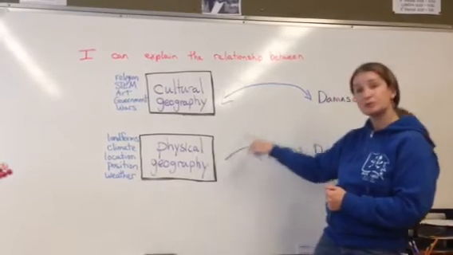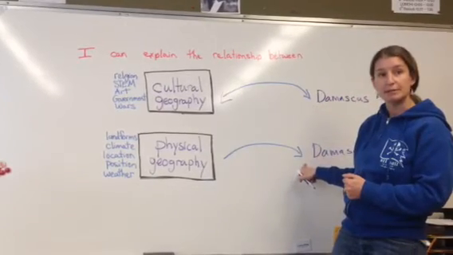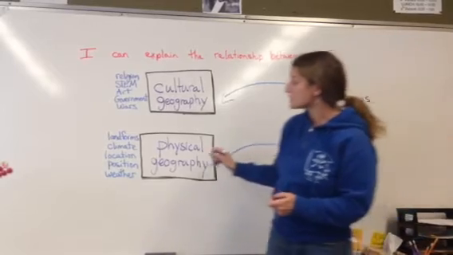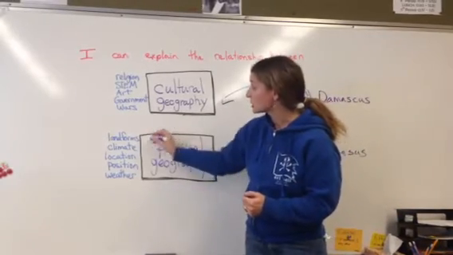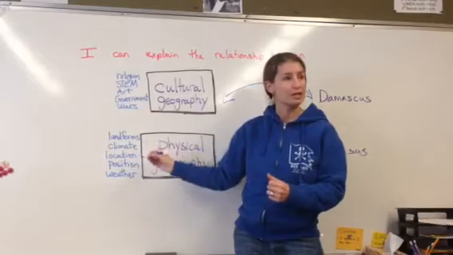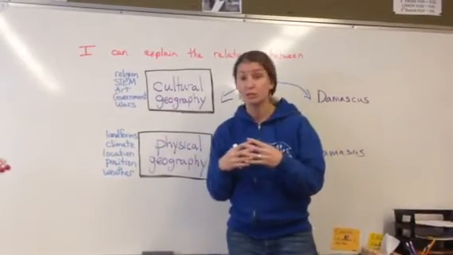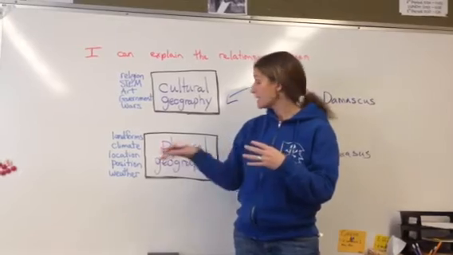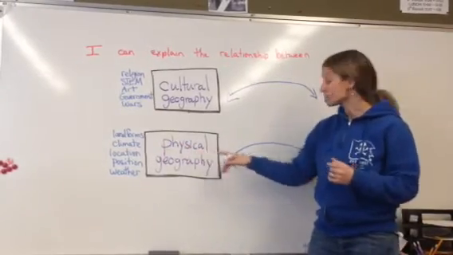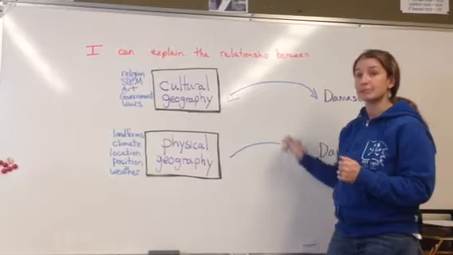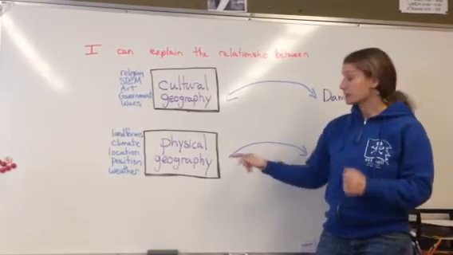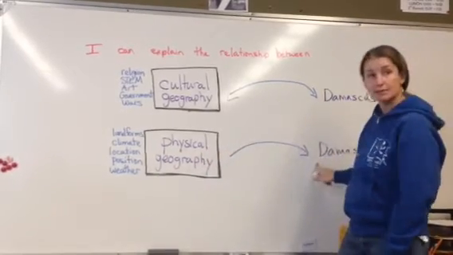That's the influence of physical geography on the city. Then there's something maybe about climate, or location near the ocean or near the trade routes. Let's talk about Damascus and its place in the trade routes. That's physical geography's influence on Damascus.